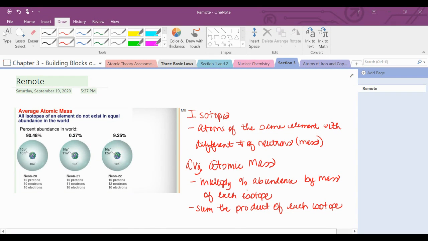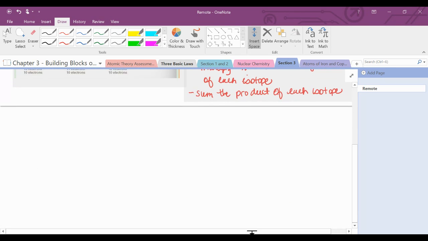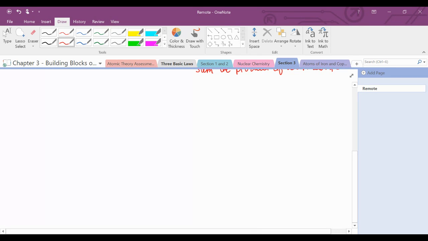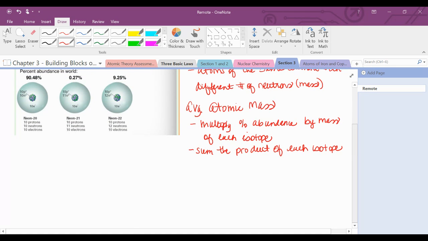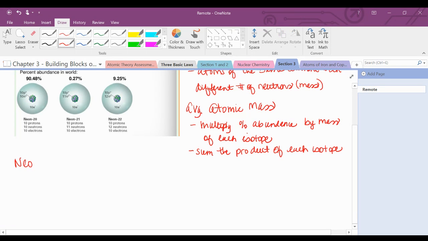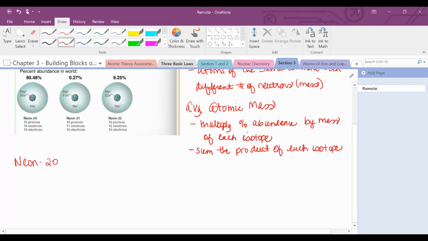Okay, so we're going to do our neon problem here. We're going to do neon 20. Now, when we take the percentage, we want to convert it to a decimal, so you're going to divide by 100.